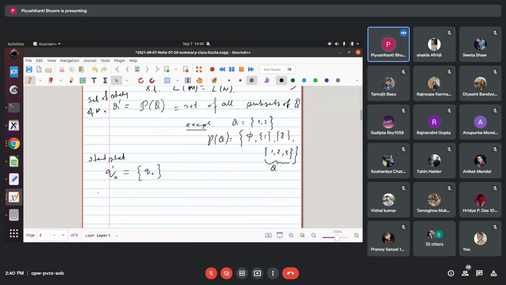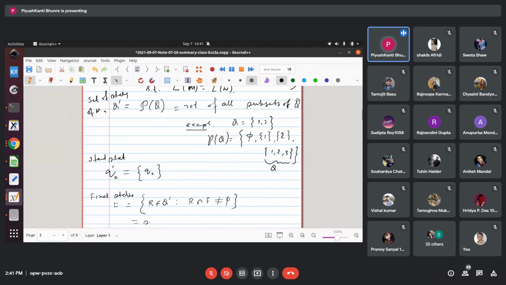What is the final state? The final states F prime is the set of states R, where I take an element R of Q prime, some subset, such that R intersection F is non-empty.